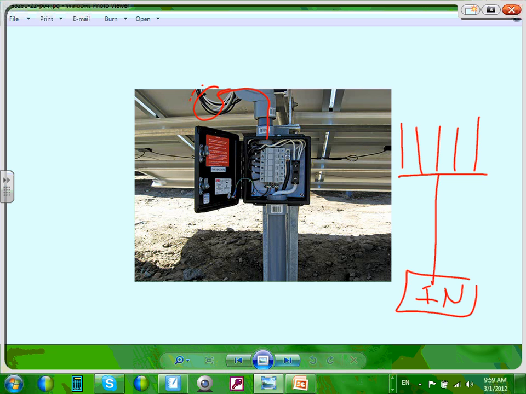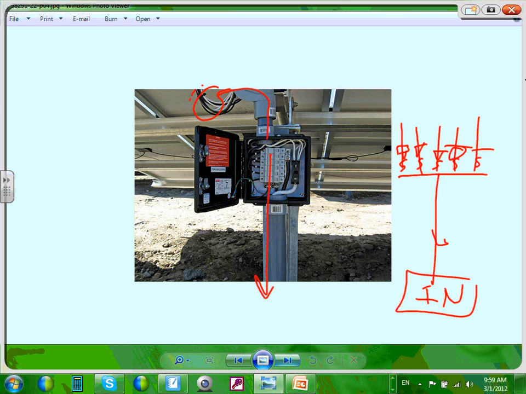Diodes and fuses combine them together and send them down here into the inverter.